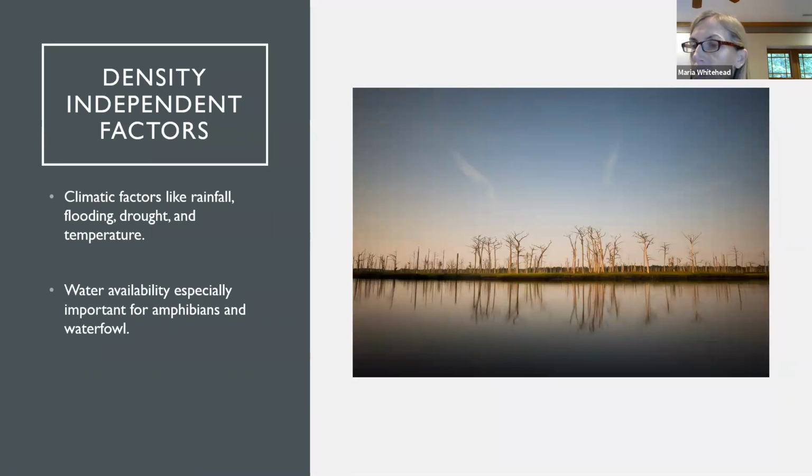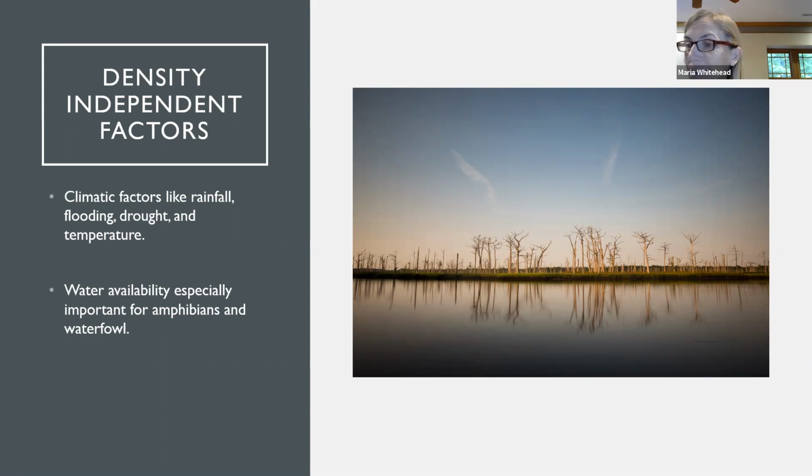Density independent factors like rainfall, flooding, drought, and temperature play a critical role in limiting the population. A fire or a volcanic eruption is going to alter a population size, whether it's small or large.